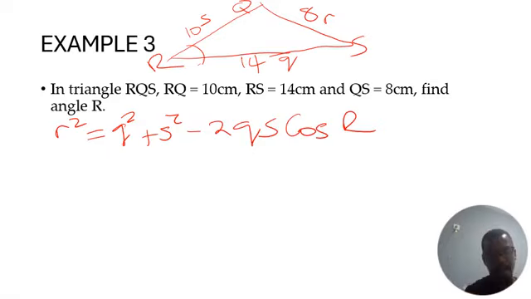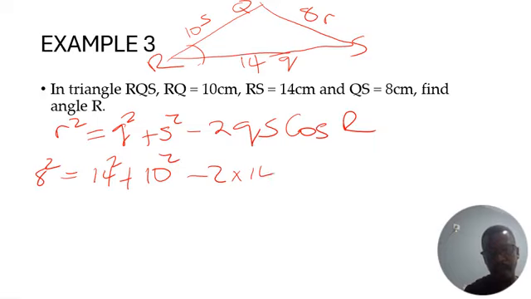So let's find out. R squared, that was 8 squared, should be equal to q, which was 14, so 14 squared, plus s, that was 10, so 10 squared, minus 2 times 14 times 10, then cos r.